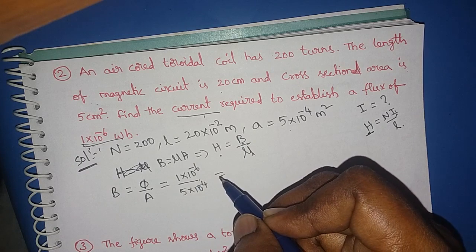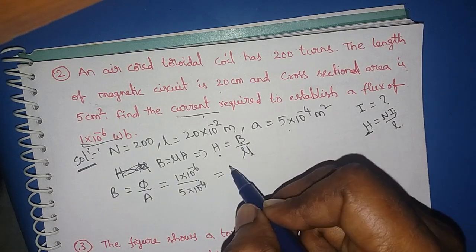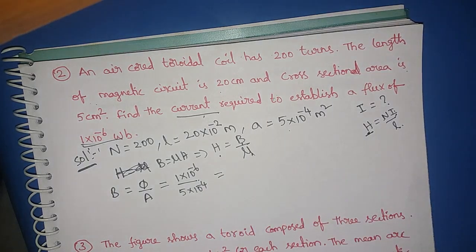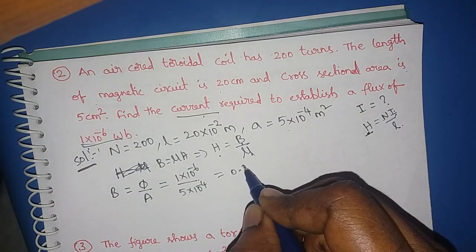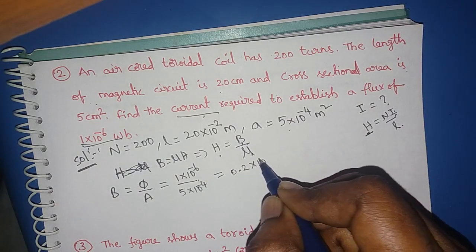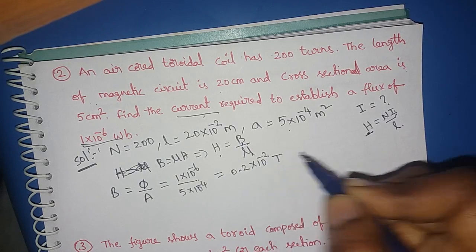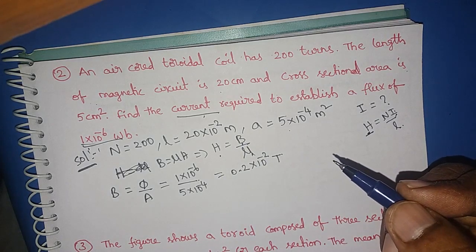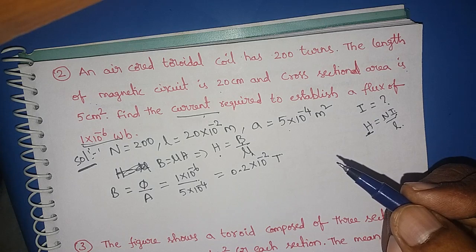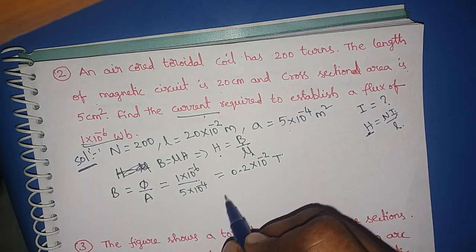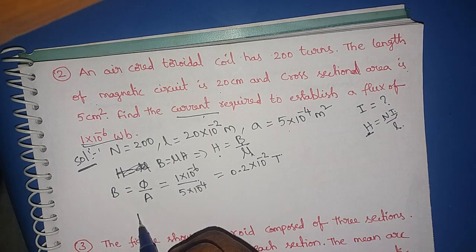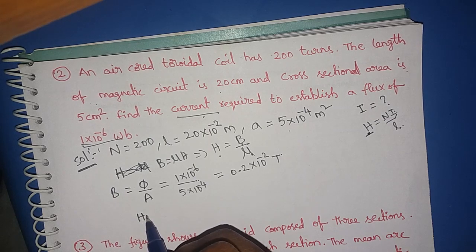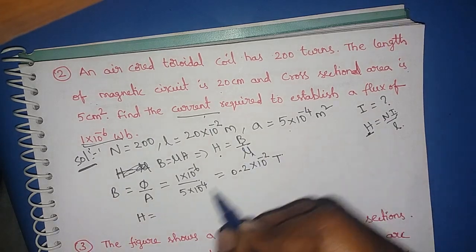Then this value is 0.2 into 10 power minus 2 Tesla or Weber per meter square. And H is equal to B by mu.